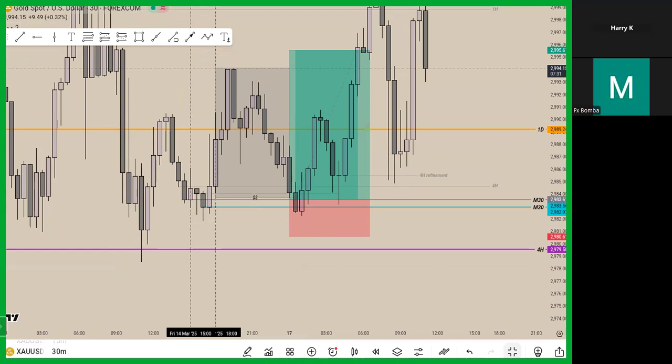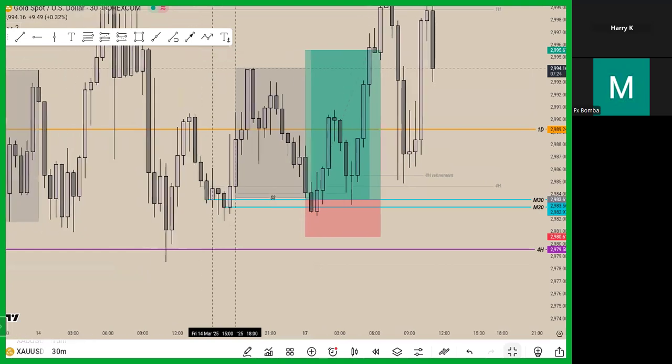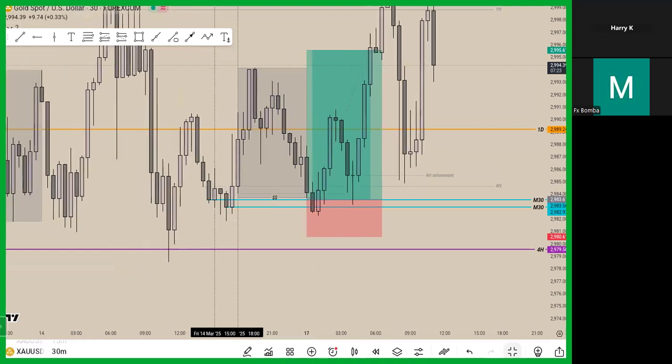So if we had entered here, we would have exited, and the market could have come back and given you a re-entry. After giving you a re-entry, you will continue with the buys.